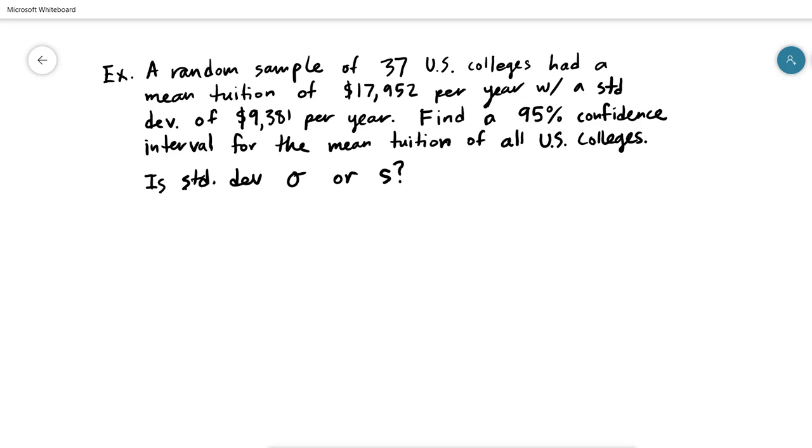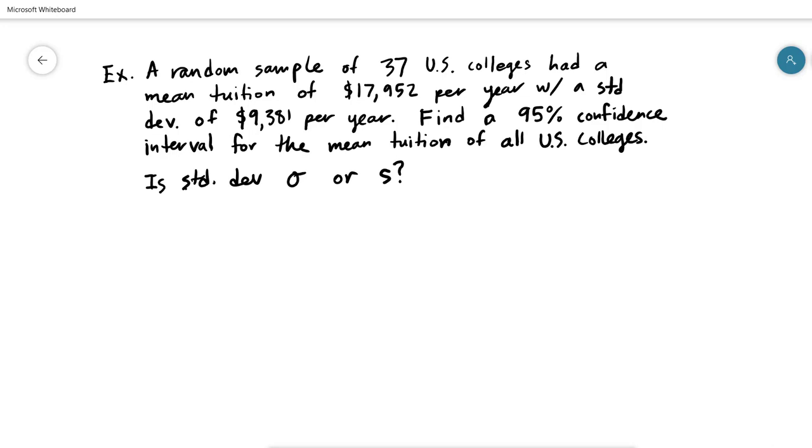And in this case, we can tell that it's s, the standard deviation of the sample, based on context clues. And this is really a language question more than a math question. How is our reading comprehension? It says a random sample of 37 U.S. colleges had a mean tuition of $17,952 per year with a standard deviation of 9,381.